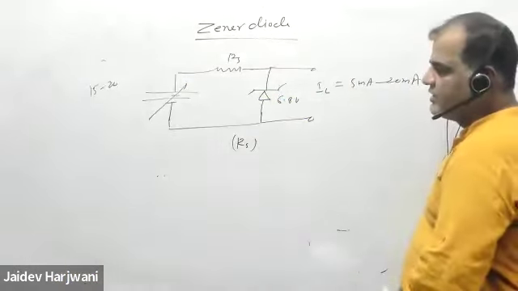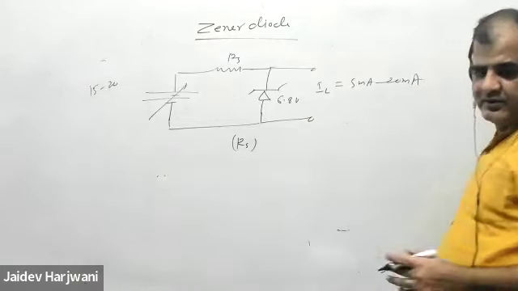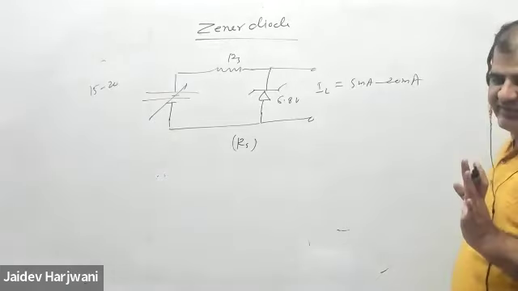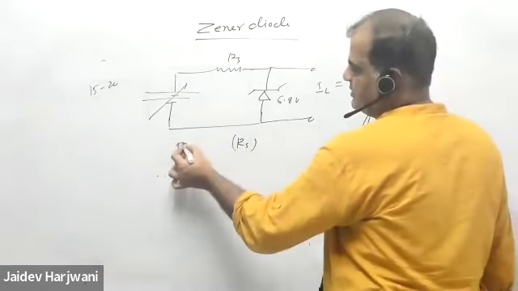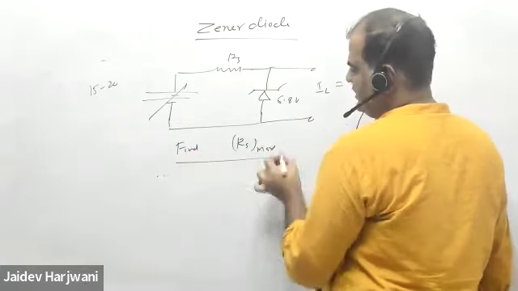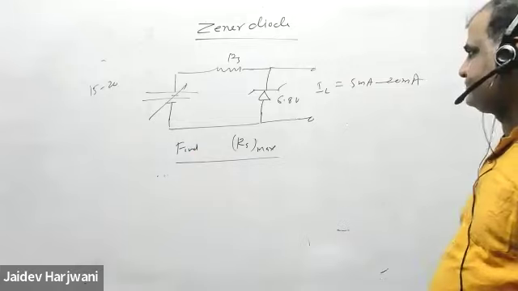If this is the condition, IZ max is not given. If IZ max is not given, then you cannot calculate the RS minimum. So in this case, only you can find the value of RS max. Okay, find RS max. Tell me what is the value?